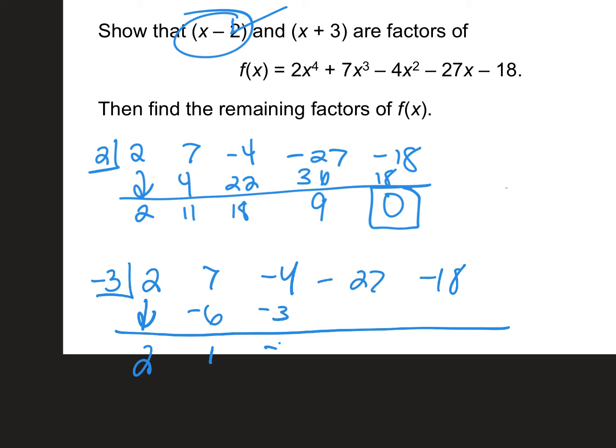Negative 4, negative 3 is negative 7. Negative 7 times negative 3 is positive 21. Negative 27 and 21 gives me negative 6. Negative 6 times negative 3 gives me positive 18. And again, my remainder is 0. So since my remainder is 0, I just proved that x plus 3 is a factor of this polynomial.